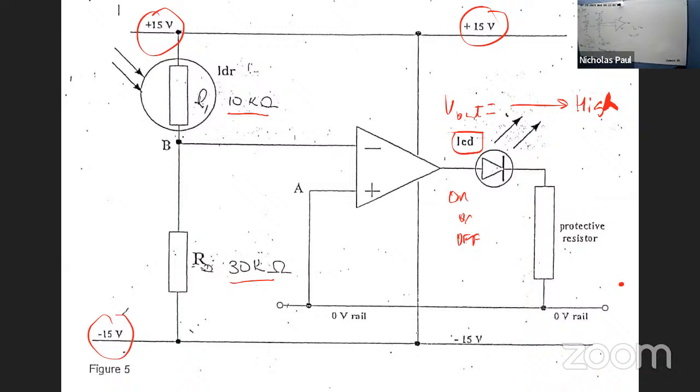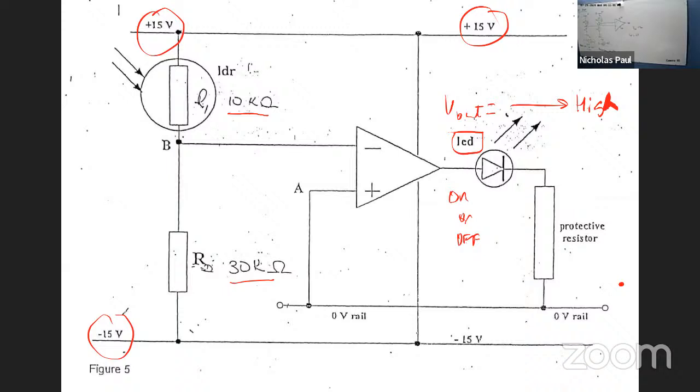So basically, the question is, is the LED on or off? All I want to know is if it's on or off. If your V out is positive, that's on, but if it's negative, it's off.